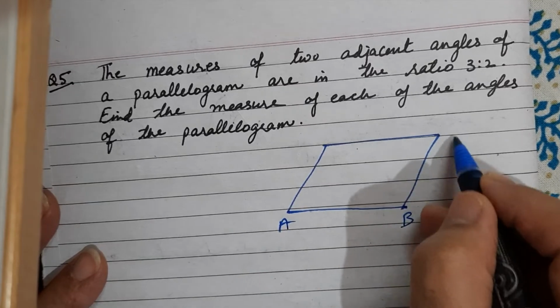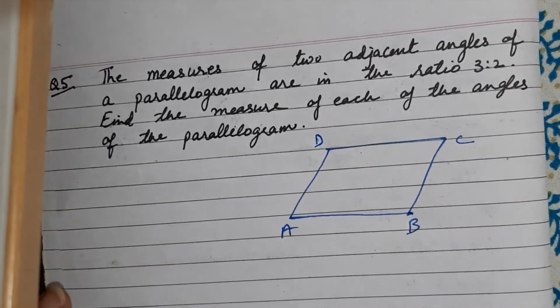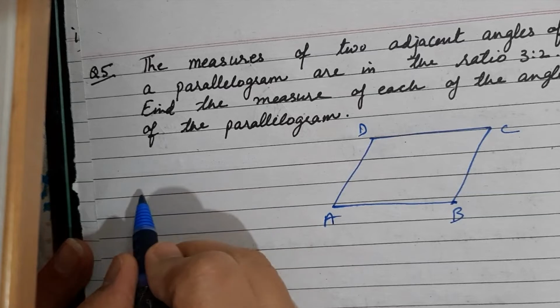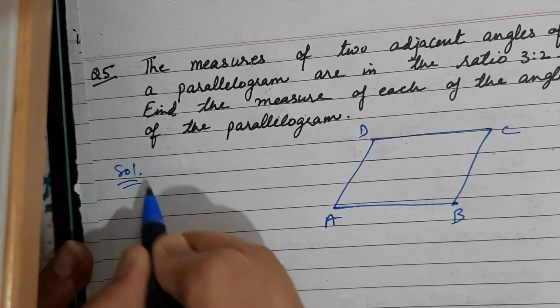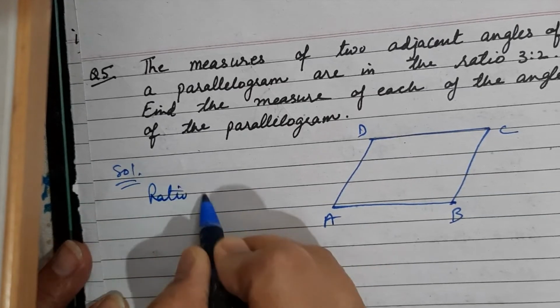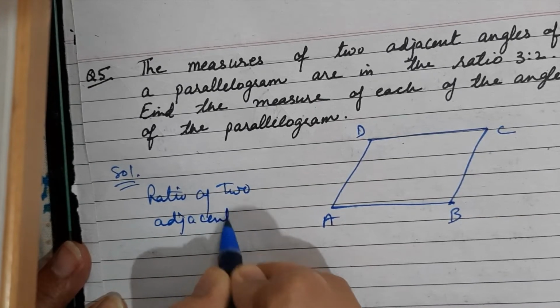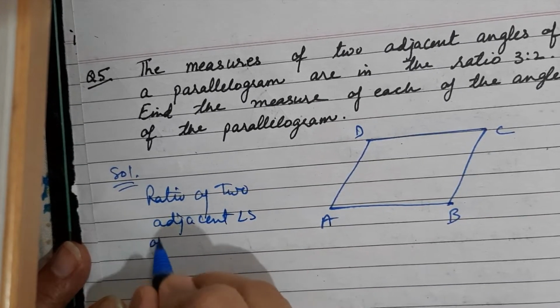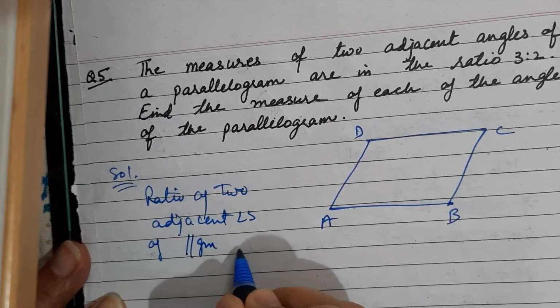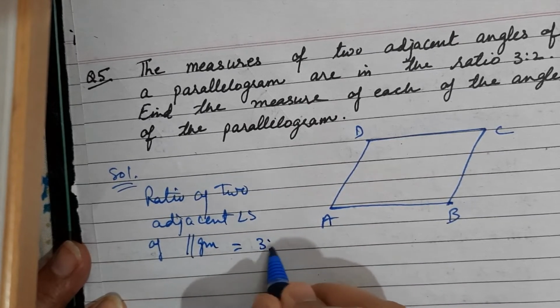Name it A, B, C, D. Ratio of two adjacent angles of parallelogram is equal to 3:2.